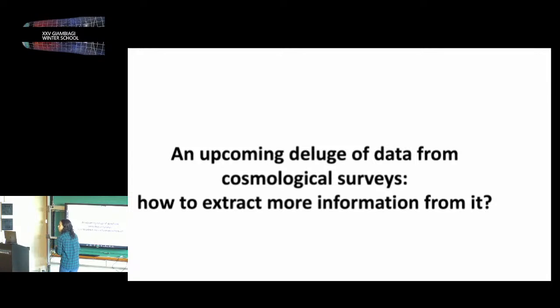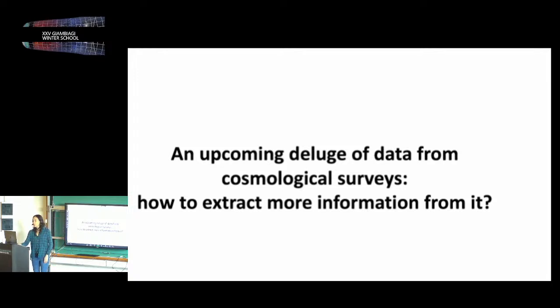The traditional method has been to calculate the different cumulants of the field that you're considering. Now, we have been thinking over the years about a method to extract non-Gaussian information that has certain advantages, and I wanted to talk about this.